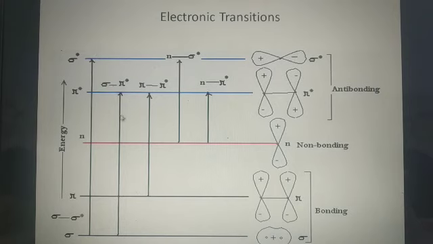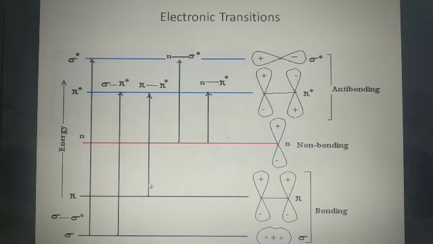So sigma to pi star can be 140 nanometer. Then pi to pi star transitions are next in line. The energy gap is lesser than the sigma to pi star, so we require less energy for the change of the electron from pi to pi star.